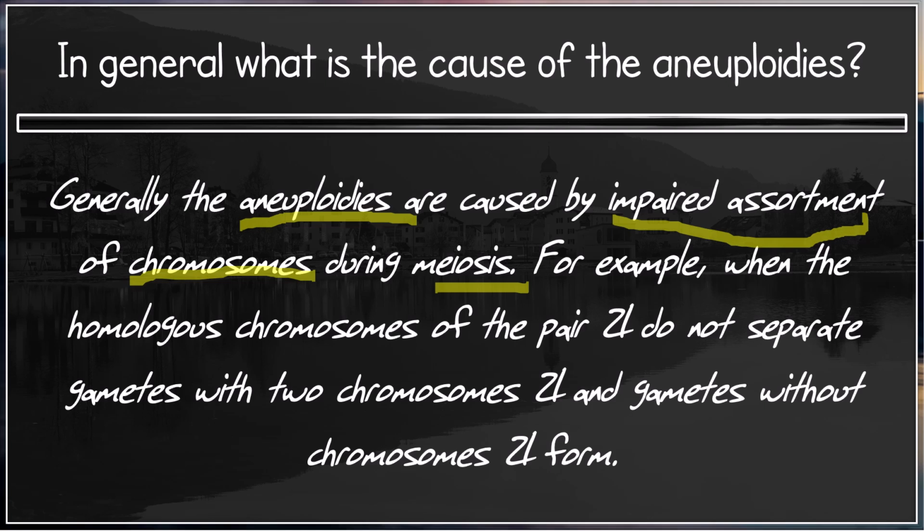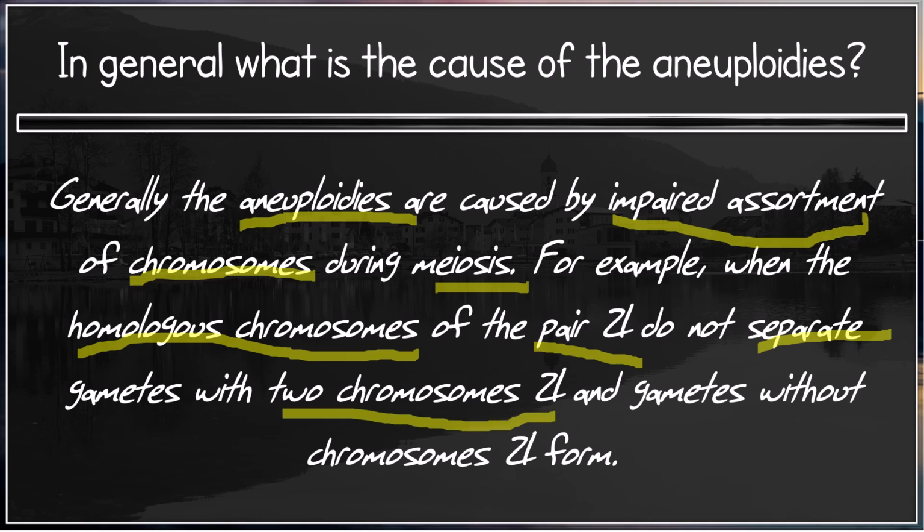For example, when homologous chromosomes of the pair of 21 do not separate, gametes with 2 chromosomes 21 and gametes without chromosome 21 form.